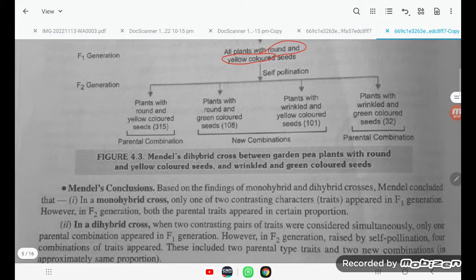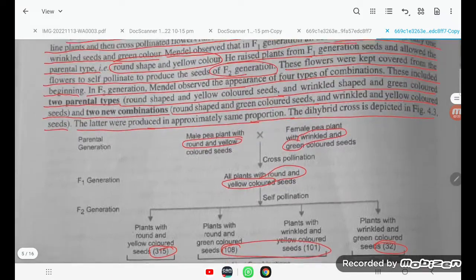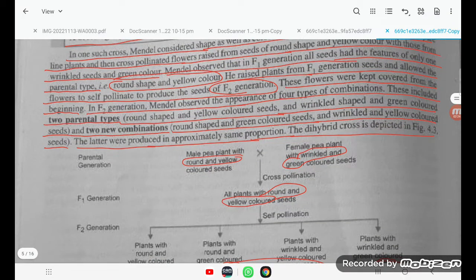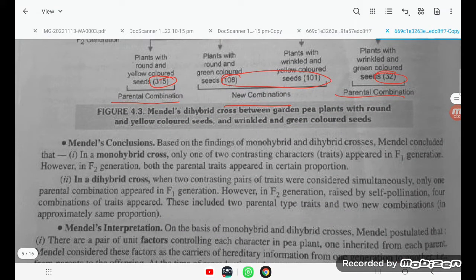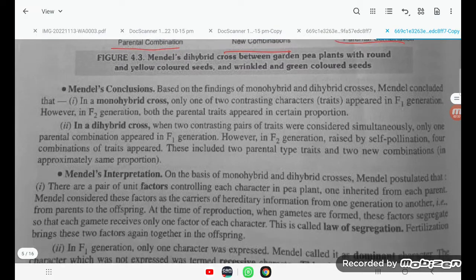So what they are saying, students, plants with round yellow colored seeds are the parental combination. This is the new combination, and this one is again a parental combination. Out of 1000 seeds they have selected, so they got this much.